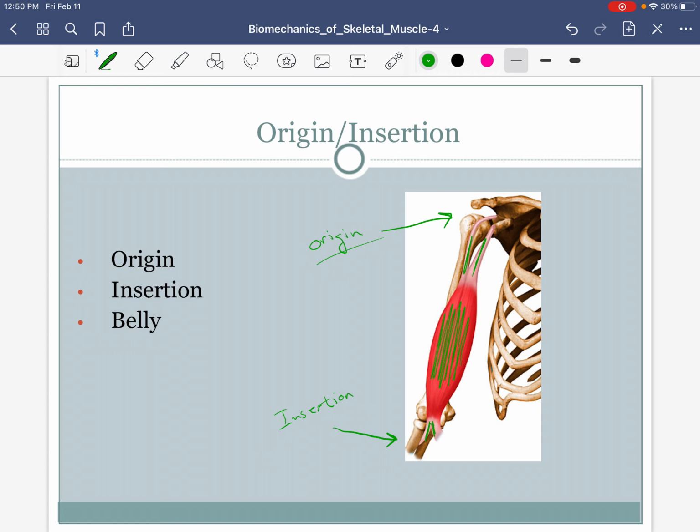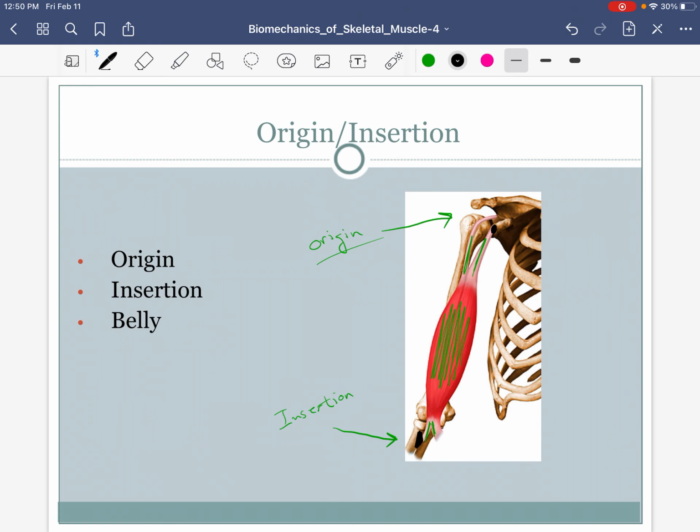This happens to be the biceps brachii. One of the origins, the short head of the biceps brachii, is the coracoid process of the scapula, right there. One of the attachments of the insertion is the radial tuberosity on the radius bone. But for now, we're just going to identify the muscle belly in the middle.